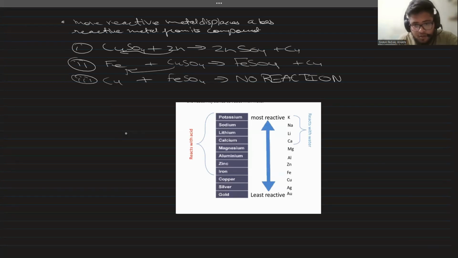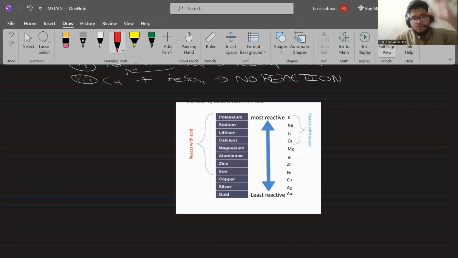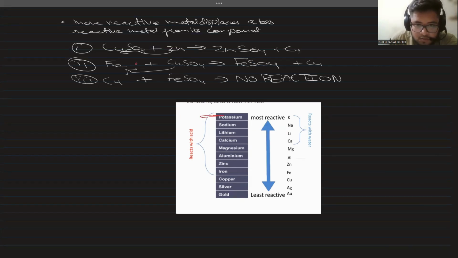Even though it's not according to our syllabus, let me add things to it. The first thing is potassium, then sodium, then calcium, then magnesium, aluminium, zinc, iron.